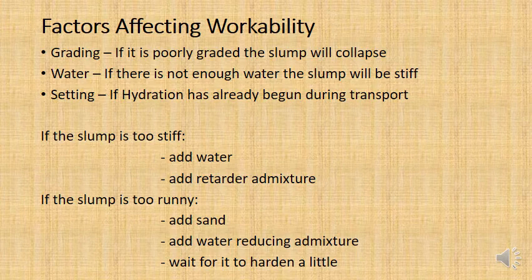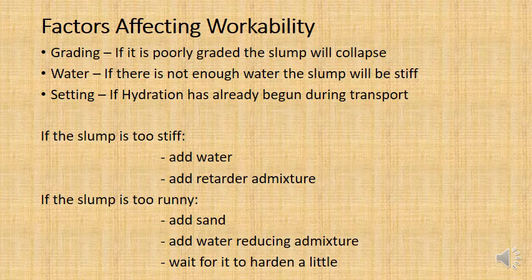Another thing you could do is add a water-reducing admixture. This is a chemical which acts as a dehydrator. It basically bubbles off the excess water, and that'll make the slump stiffer. But the easiest thing to do is to just wait for it to harden a little.